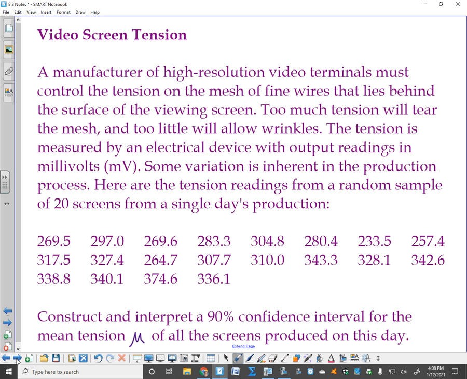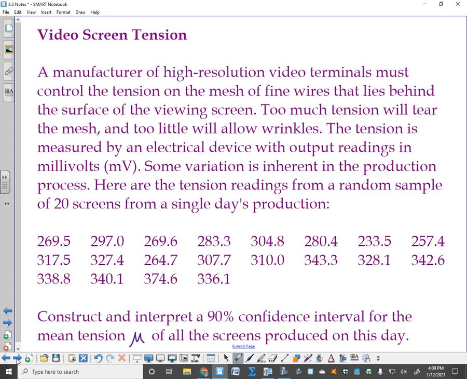Some variation is inherent in the production process. Here are the tension readings from a random sample of only 20 screens from a single day's production. Construct and interpret a 90% confidence interval for the mean tension mu of all the screens produced on this day.